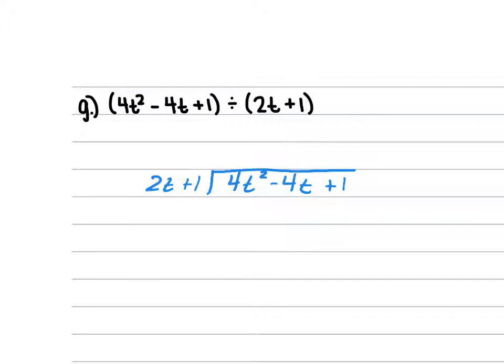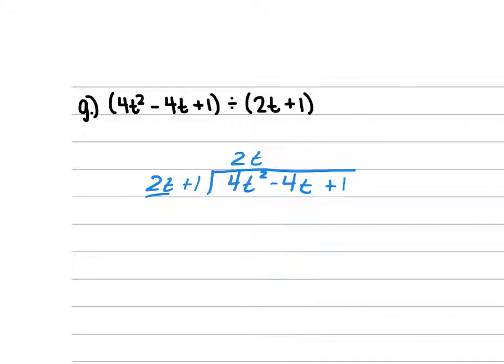So where am I starting here? Where's my first step? 2t, and what about 2t? It would be 2t. You would put on the top 2t plus 2t times 2t. Okay, so 2t times what will give me 4t squared? That would be 2t.